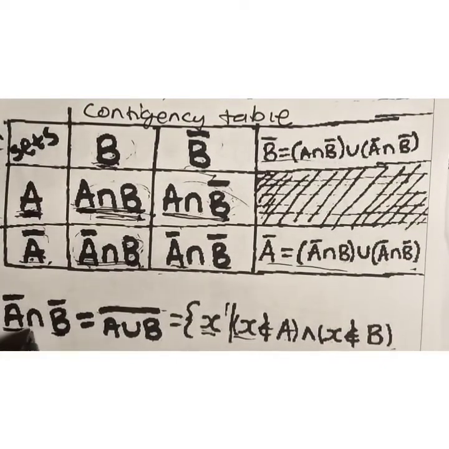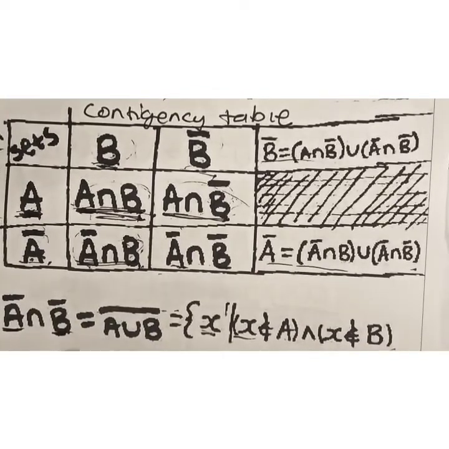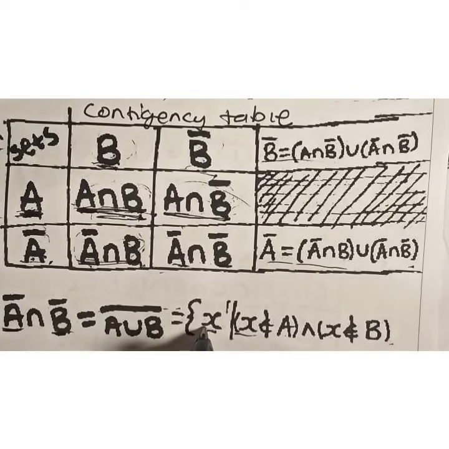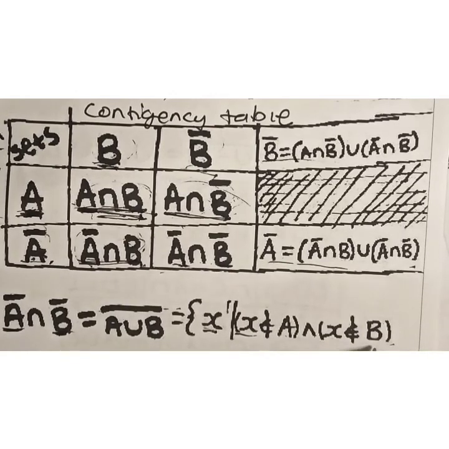A complement intersect B complement is just the complement of A union B, by De Morgan's, which is defined by X an element of the universal set such that X is not in A intersect X is not in B.